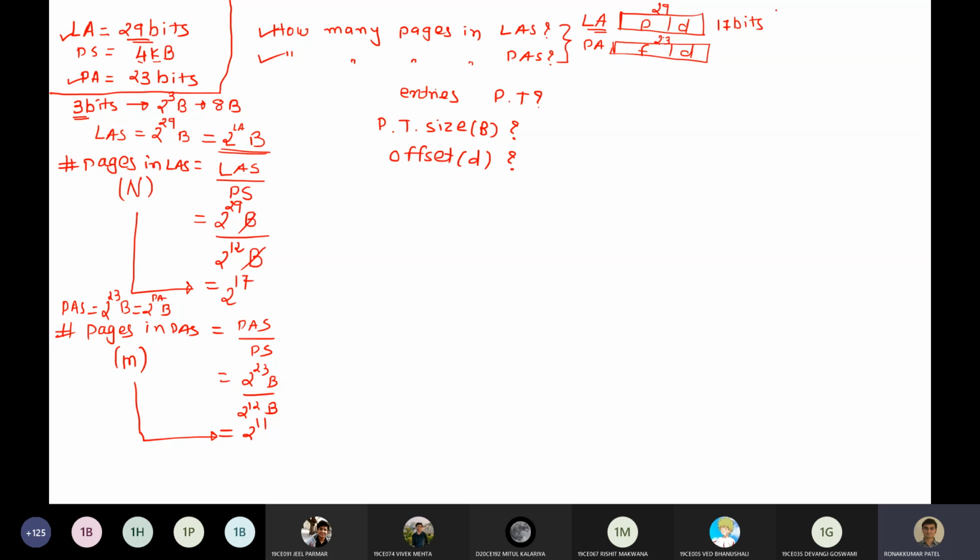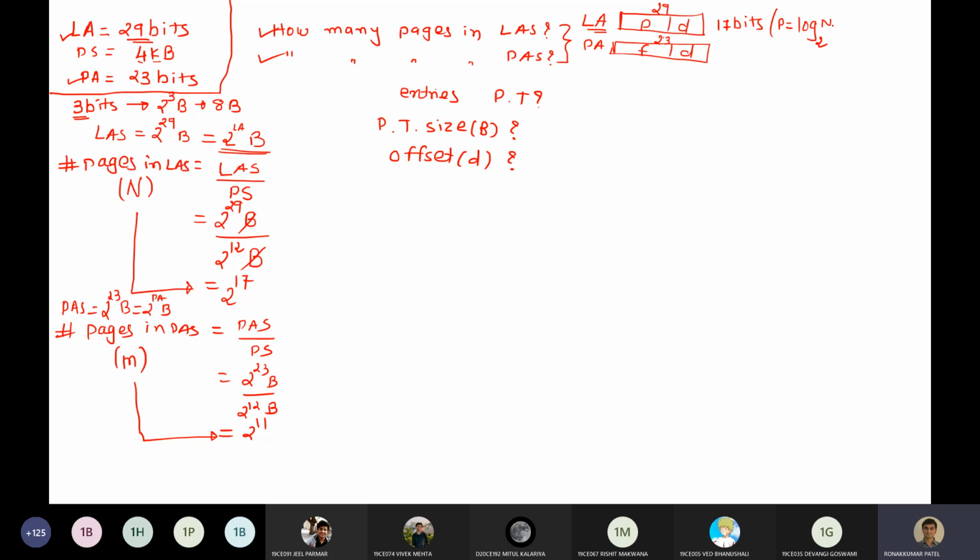Okay, so small p, if I want to write its equation, how can I write it? Log n. Only this? Base 2. Yes, log n base 2. Now you see capital N. What is capital N? 2 raised to 17.